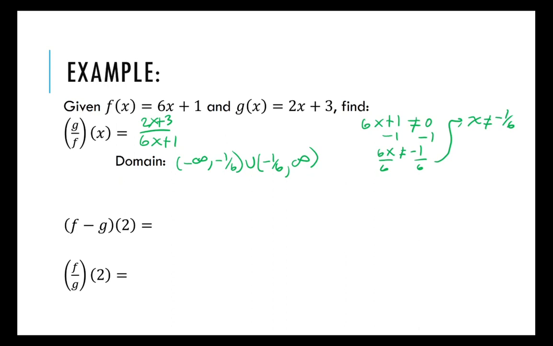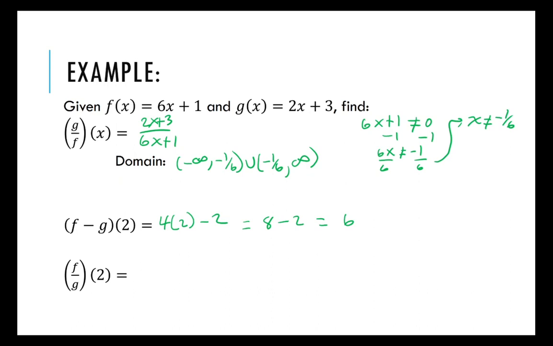Now if we want to evaluate f minus g of 2, just notice your notes. We've already found f minus g was 4x minus 2. So if it's 4x minus 2, I'm just going to plug in 2 for that function, and that's going to be 4 times 2 minus 2. 4 times 2 is 8, minus 2 is 6. Then f divided by g, we found f divided by g, that was 6x plus 1 divided by 2x plus 3.